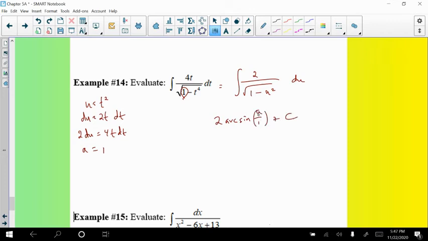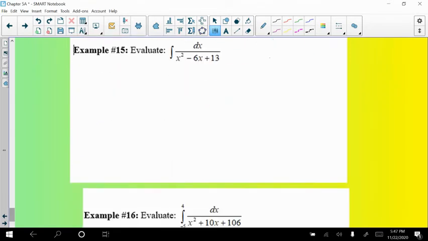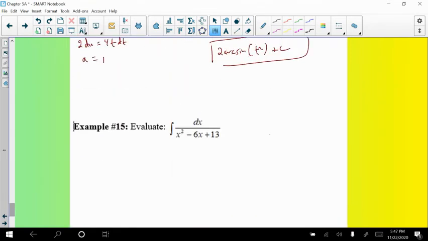Now, if it's a simple substitution like this, you don't have to necessarily show u over a each time, but I like doing that simply because it's just reinforcing that formula. Plus c.